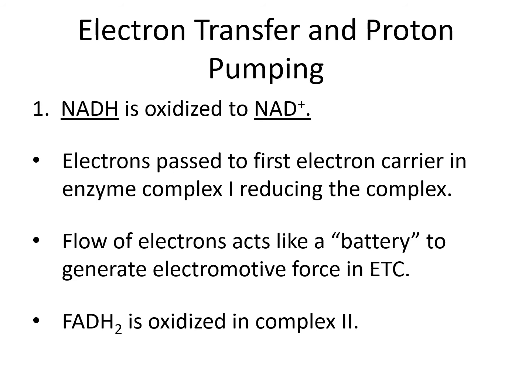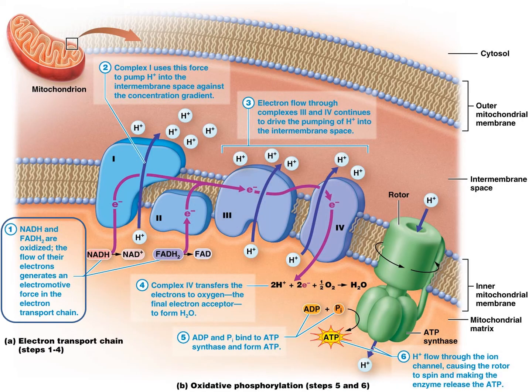And then the flow of electrons acts like a battery to generate the electromotive force in the electron transport chain. Similarly, FADH2 is oxidized in complex 2. Okay, so here in complex 1, we have NADH being oxidized to NAD. In complex 2, we have FADH2 being oxidized to FAD.